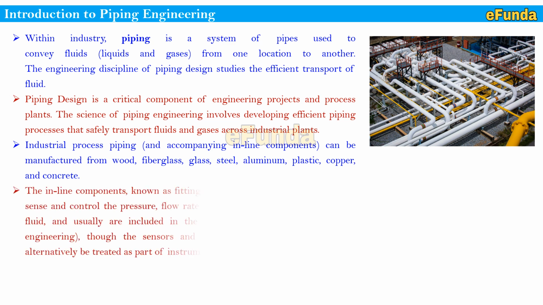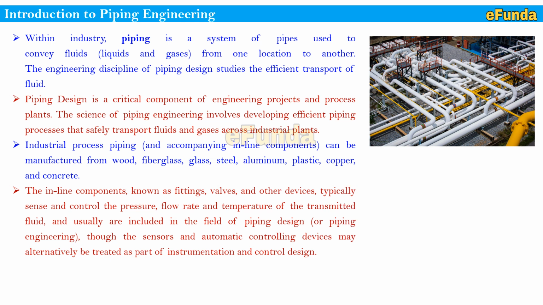The inline components, known as fittings, valves, and other devices, typically sense and control the pressure, flow rate, and temperature of a transmitted fluid, and usually are included in the field of piping design or piping engineering, though the sensors and automatic controlling devices may alternatively be treated as part of instrumentation and control design.